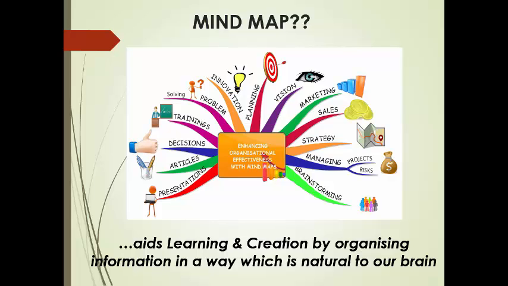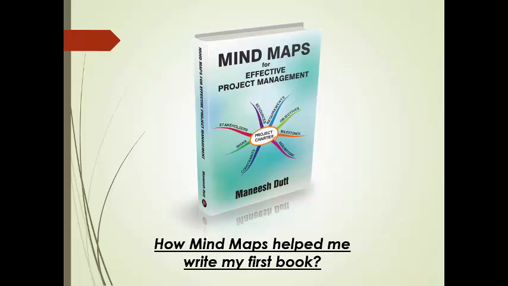Thus, a mind map should be our first tool of choice for organizing information, whether for learning or creating. The mind map shown here captures the different areas in which mind maps can be applied to enhance an organization's effectiveness.